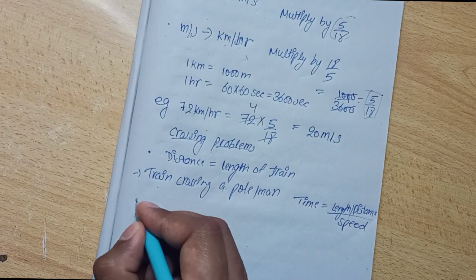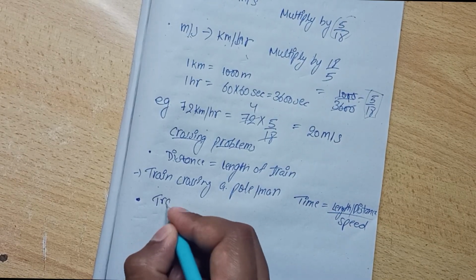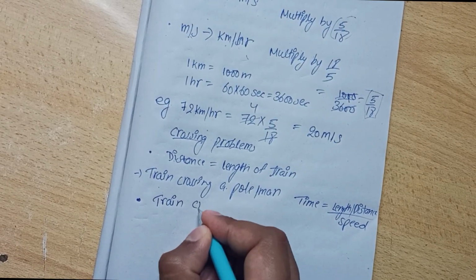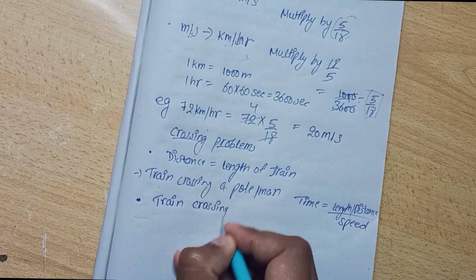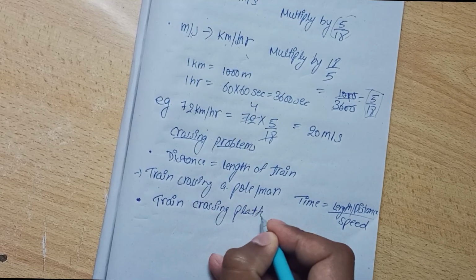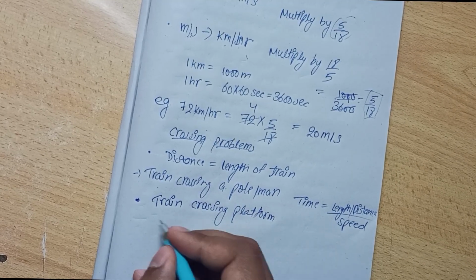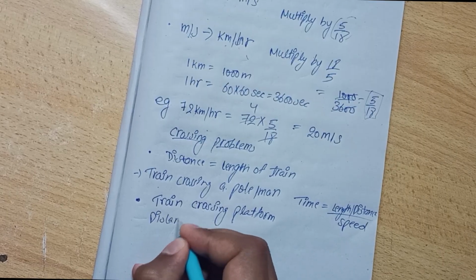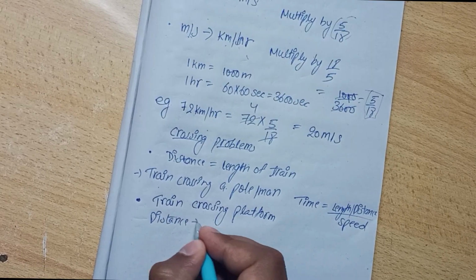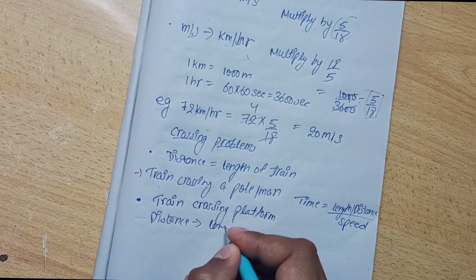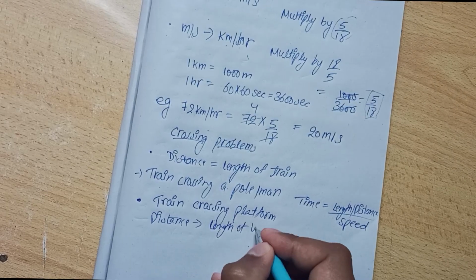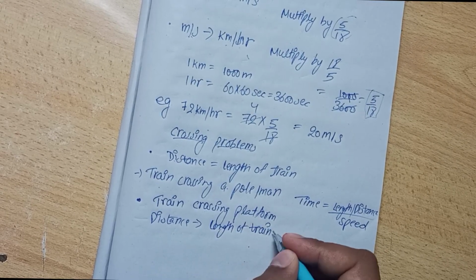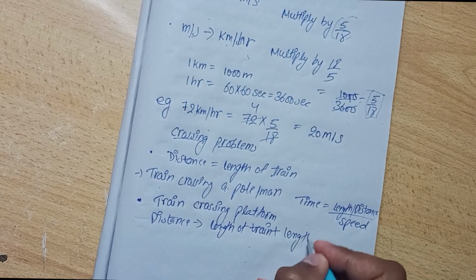Another type of question is train crossing platform. What if it is given? Then the distance becomes, if the train is crossing a platform, the distance becomes length of the train plus length of the platform.